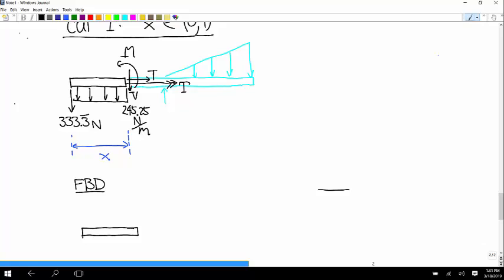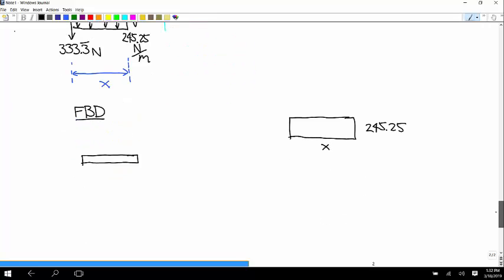And that distributed load is a rectangular shape with a height of 245.25. And what's its width? X, yep. And so the area, the total magnitude of that force, is 245.25 times x.